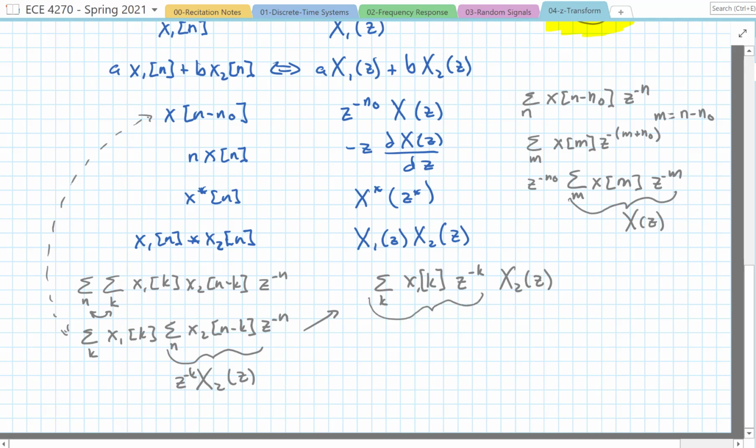But that sum is just x1 of z, giving us an almost trivial proof that the Z-transform of a convolution of two sequences is equal to the product of the Z-transforms.